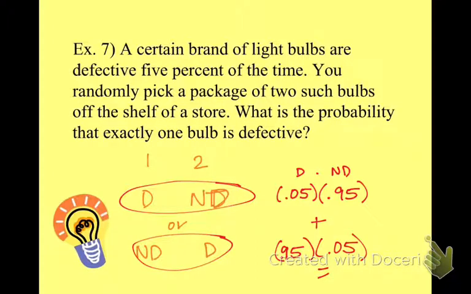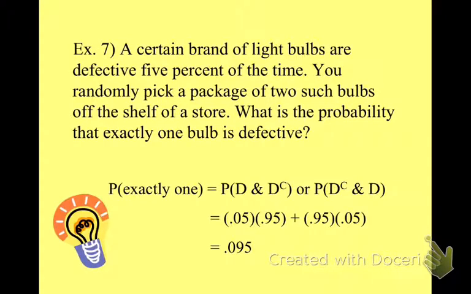And then if you add those two together, you'll get your total answer. They wrote it as defective and defective complement. So there is a 0.095 chance, or a 9.5% chance, of getting exactly one that is defective.